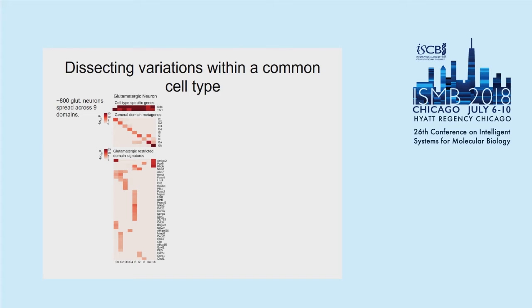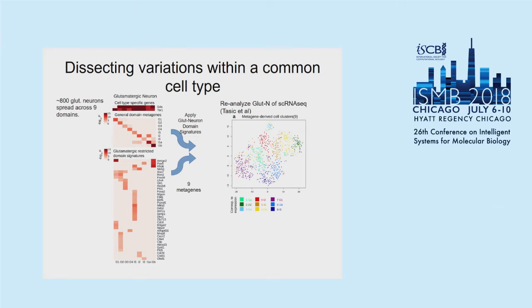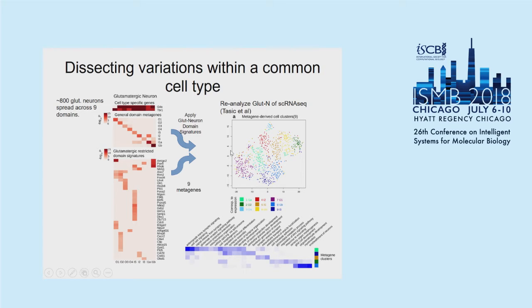And then finally, there seem to be additional domain specific genes within the glutamatergic cells. And we apply them to reanalyze a single cell RNA-seq without any spatial information. And we observe distinct clustering of these cells when we do a simple k-means cluster on these 9 domain metagenes, indicating that the spatial clusters get recapitulated from single cell RNA-seq, even though we don't know what the true mapping is, but they seem to be expression clustered.